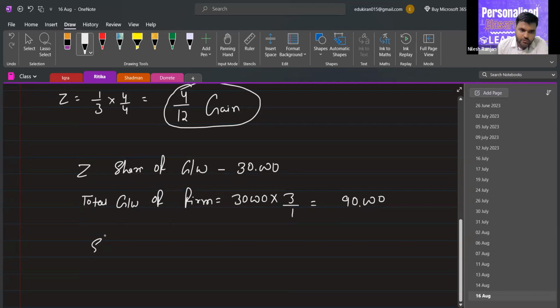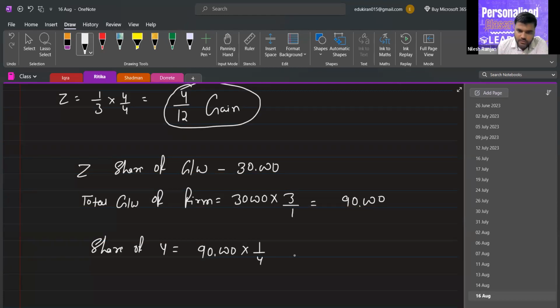Now share of Y: 90,000 into 1 by 12, his gain is 1 by 12.